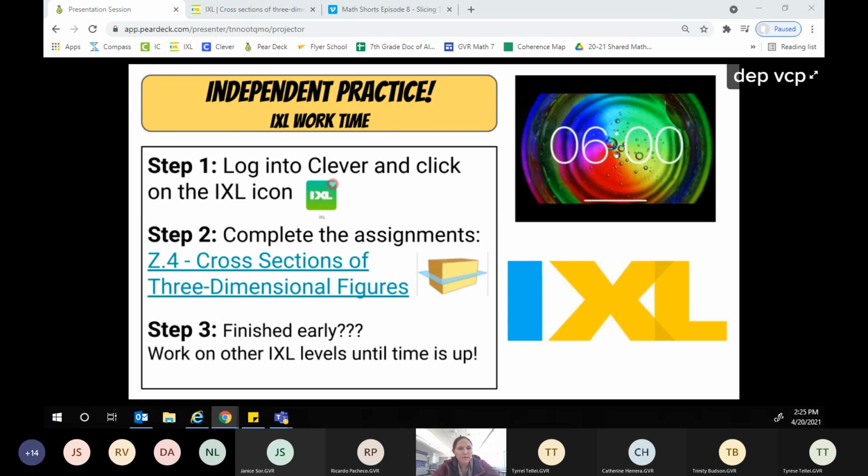All right, team, got 11 folks on IXL now. Nice job. Good. Now I've got 12. That does mean that I'm waiting on about 15. Let's go, team. Here we go.